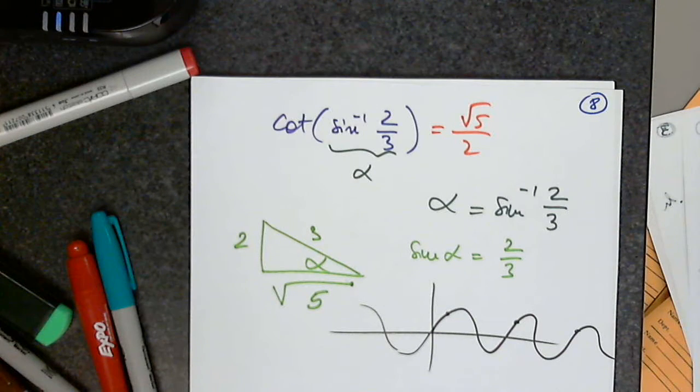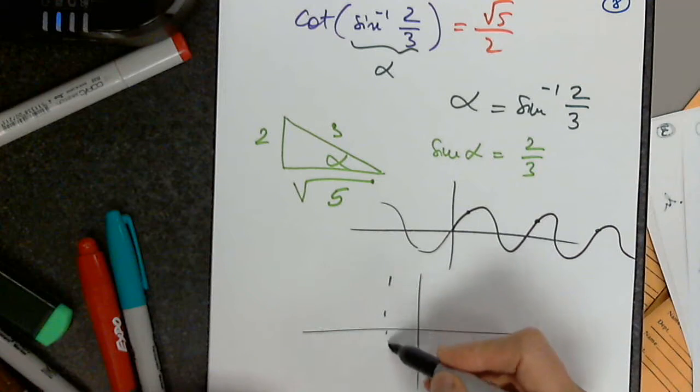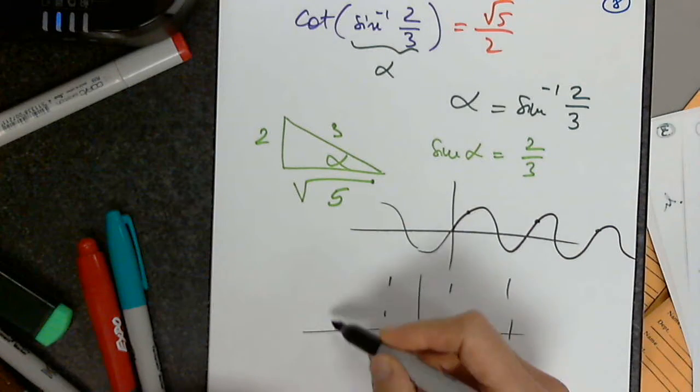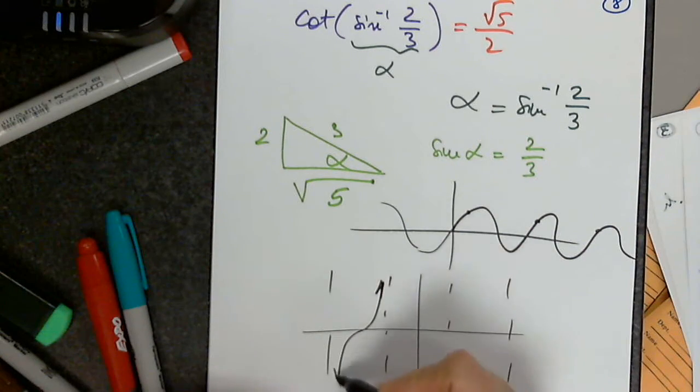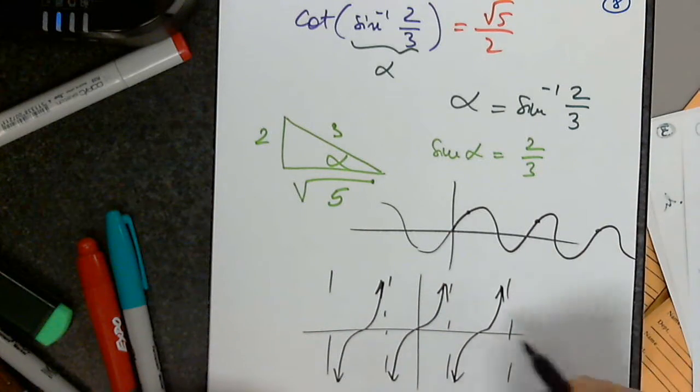So does tangent not have infinitely many? Yes, you will have infinitely many here. Here's why. If you go back to the graph of tangent, then you will have this, right? So tangent will be this, tangent will be this, and tangent will be this.